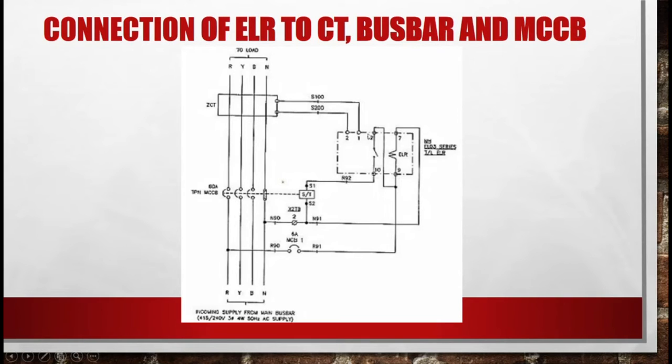So for the ELR unit, pin number 1 and pin number 2 are directly connected to the ZCT, while pin number 7 here is connected to the neutral line, and pin number 9 is connected to the red line or red phase in order to energize the relay.